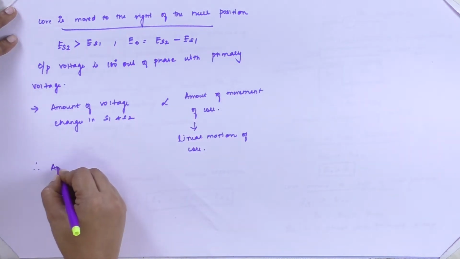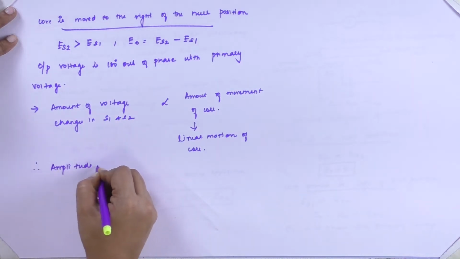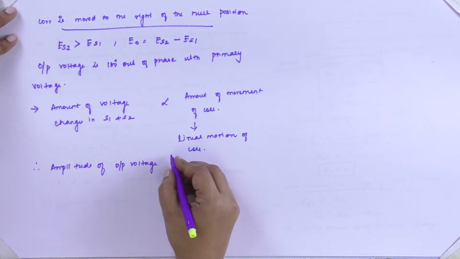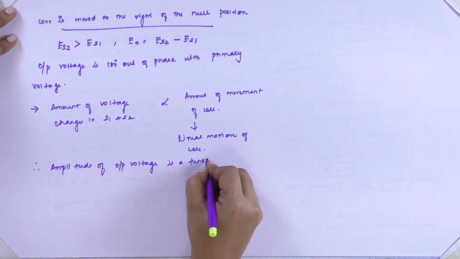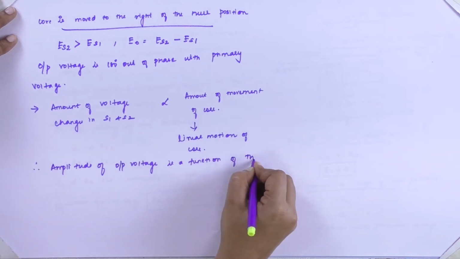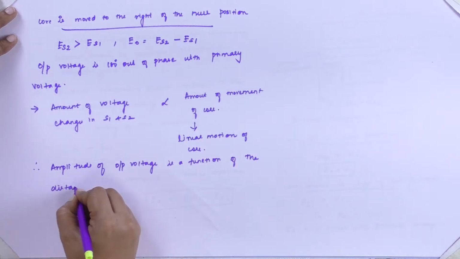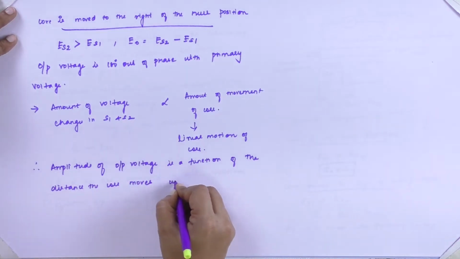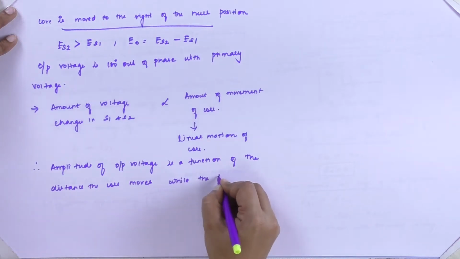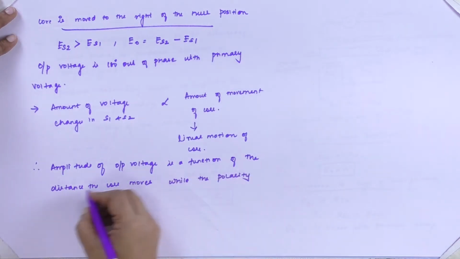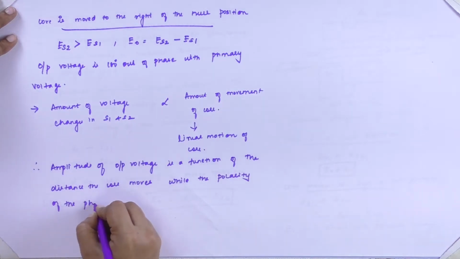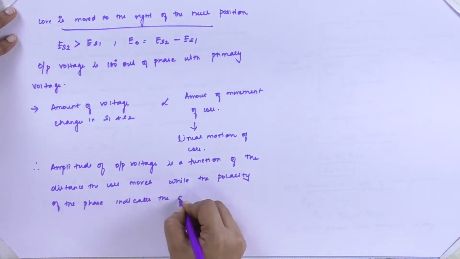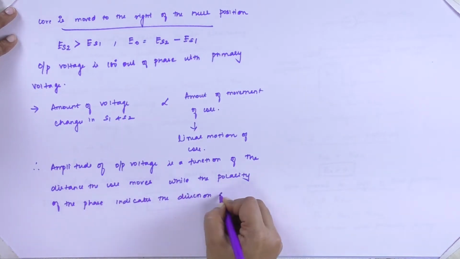So therefore the amplitude of the output voltage, the differential voltage produced, will be a function of the distance the core moves, while the polarity of the phase indicates the direction of motion of the soft iron core.